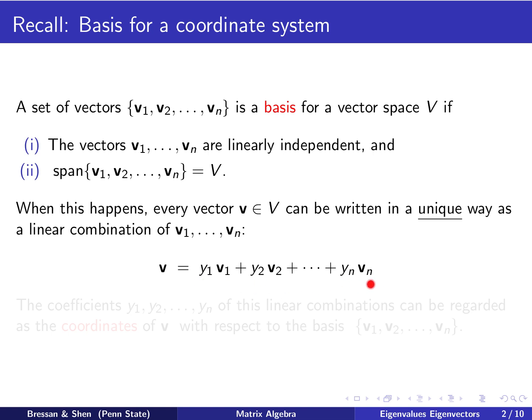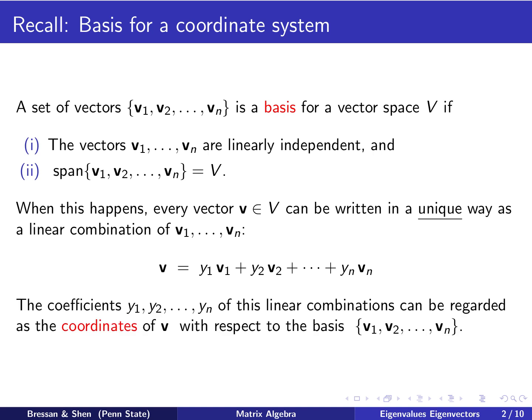So this is called a linear combination of the v's. Now in this case, these coefficients y1, y2 and yn are the coefficients of the linear combination, and they can be regarded as the coordinates of this vector v with respect to the basis v1, v2 to vn.